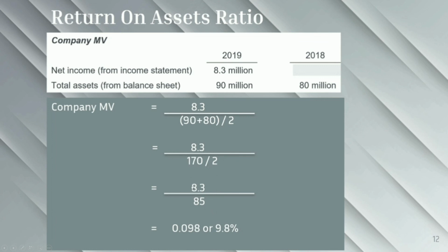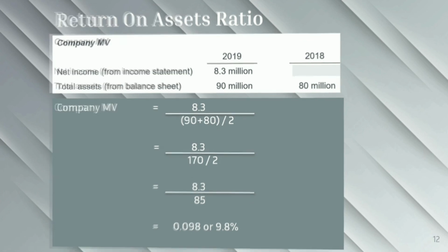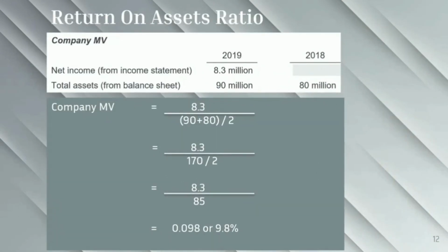So 8.3 divided by 85 is equal to 0.098, and in order to get the percentage, we need to multiply it by 100. So the product is 9.8%.